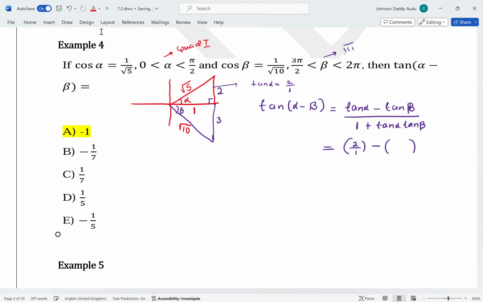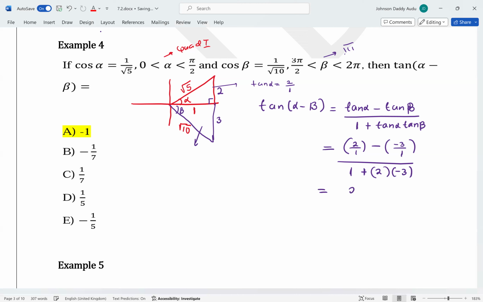minus tan beta, we have to come here, which is in the fourth quadrant. So tan beta is going to be minus 3 over 1. Then divide by 1 plus 2 and what? Minus 3.